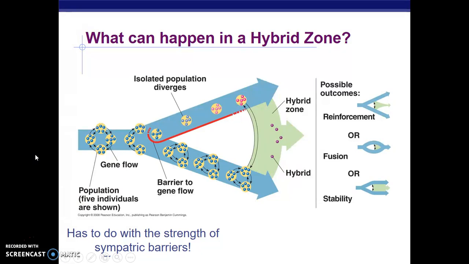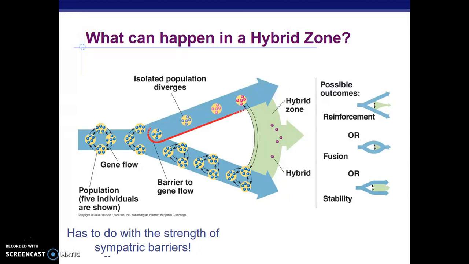It's also important to note that in the hybrid zone, some of the barriers could be the ones I talked about before, the behavioral and the temporal, which are prezygotic barriers. The barriers could also be postzygotic, where the two species of frog are able to mate and the sperm is able to fertilize the egg, but the offspring they produce aren't fertile, or they don't live.